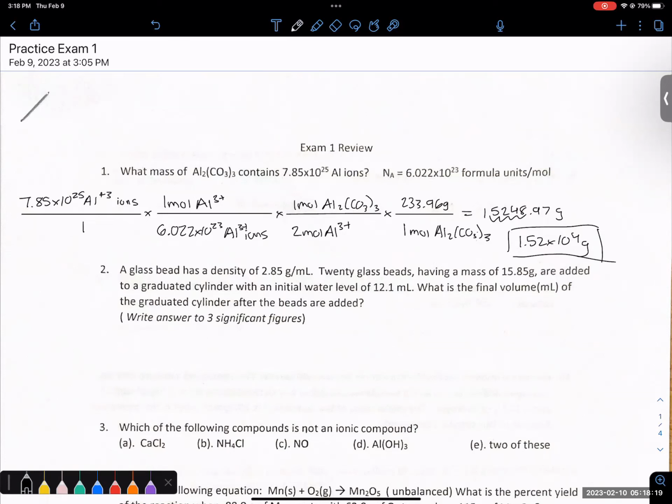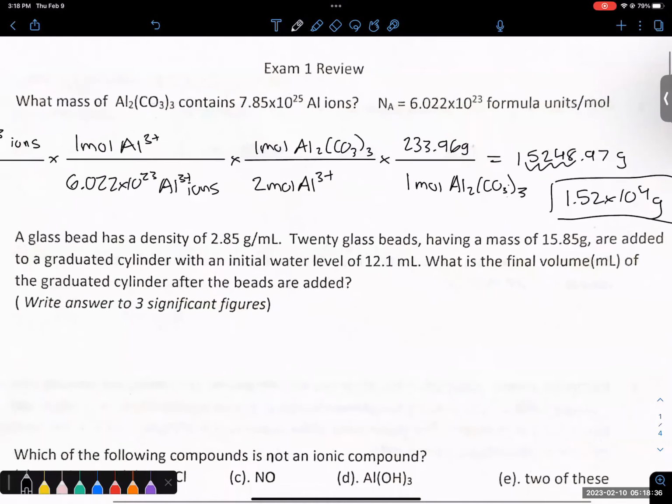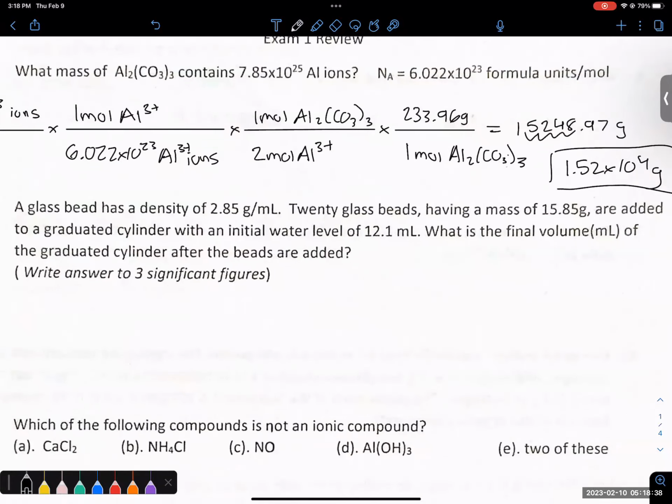Oh, that's all right. What's so funny? Oh, okay. Let me zoom in. I'm sorry. Is that better? Yeah. Okay, cool. Go ahead, move on.